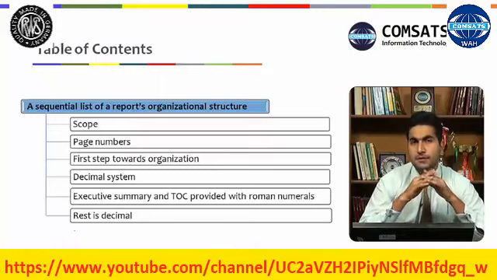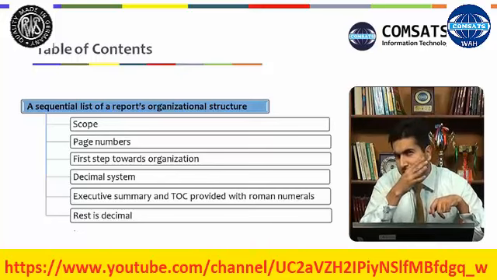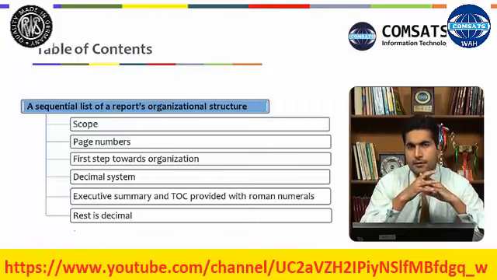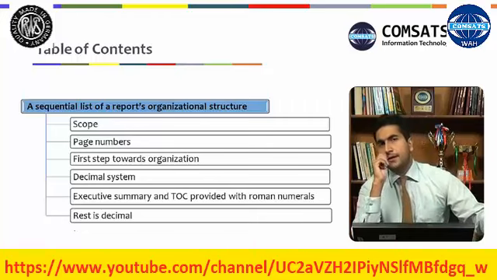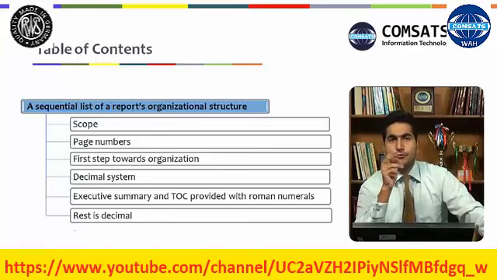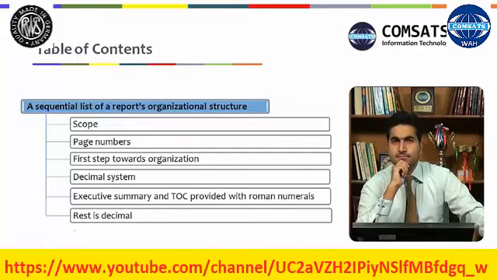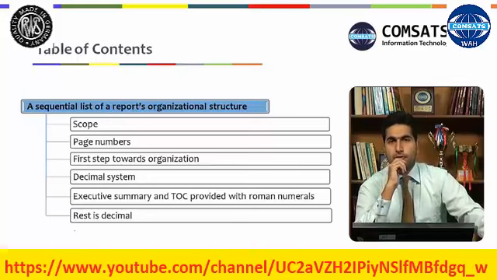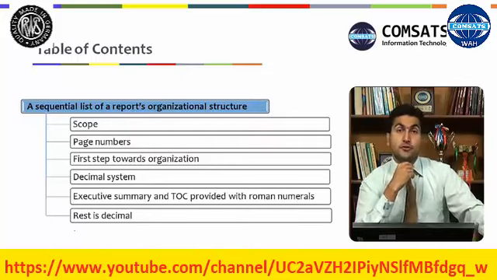And within those initial pages, there is a special page that used to come where some headings were there along with numbering. And in addition to that, on the right hand side, some page numbers are also written adjacent to each section.